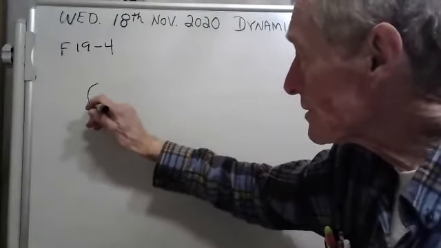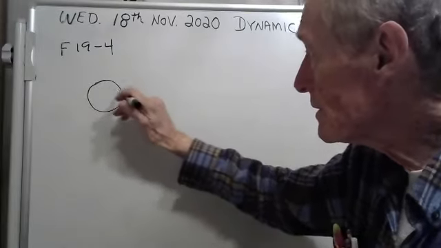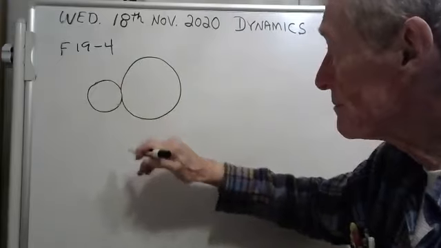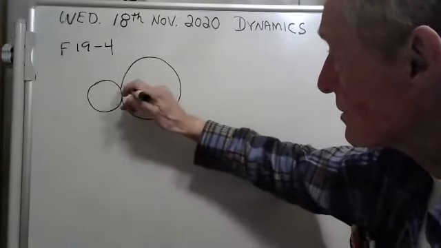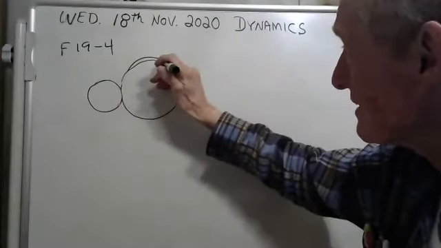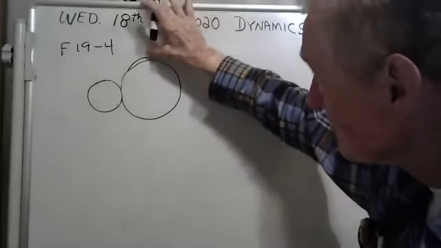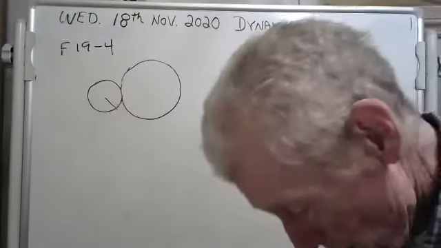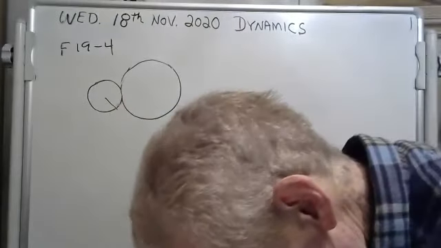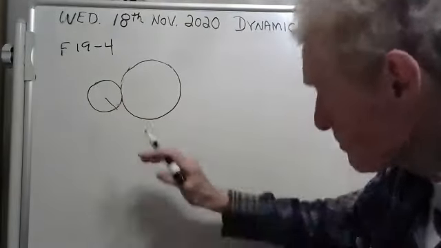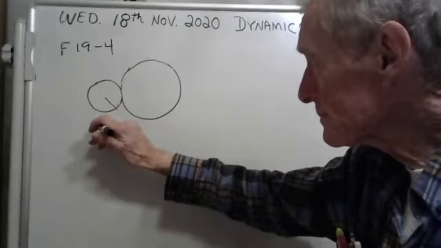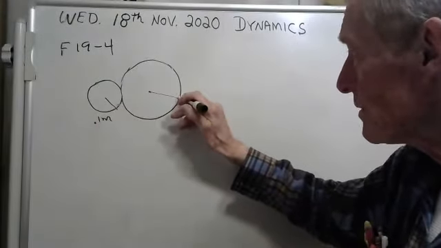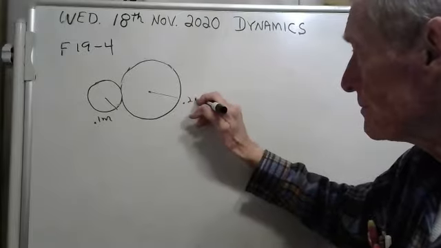You've got kind of a smaller gear and a bigger gear. I don't know if I did those to scale very well, but I tried. This has a radius of 0.1, and this one here has a radius of 0.2.